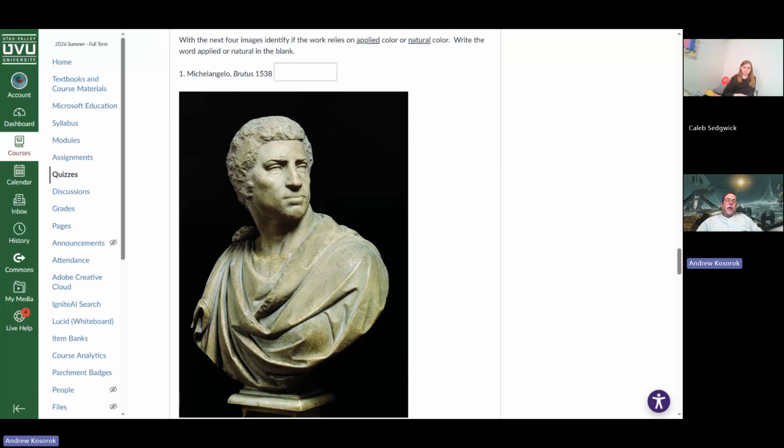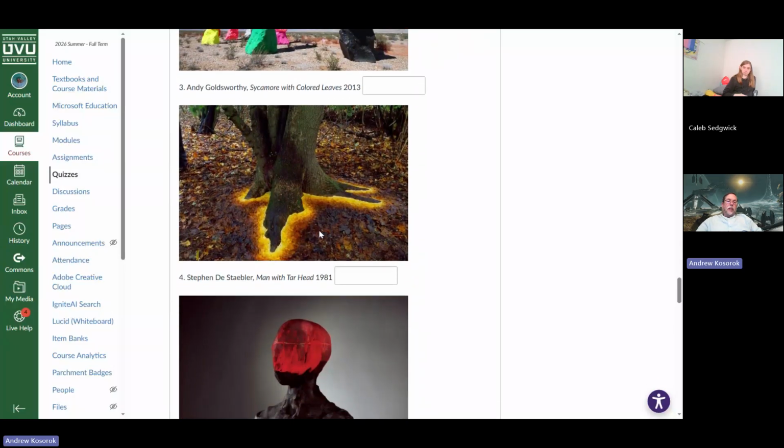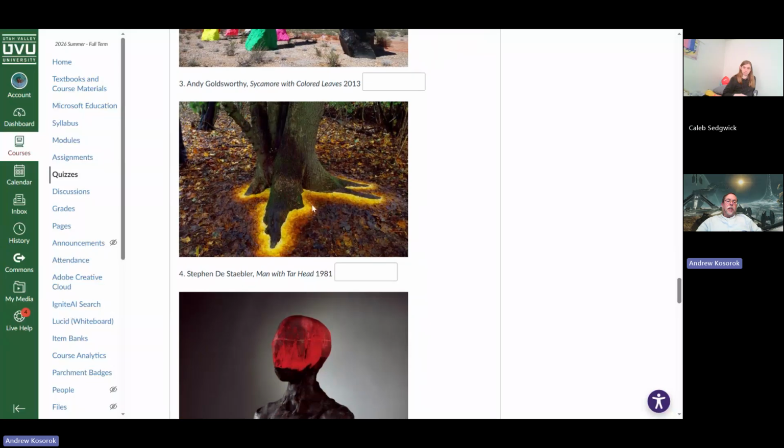And then we're talking about applied and natural. Applied is human intervention, natural is no human intervention. So we look at this. Do you think this is applied or natural? I'm thinking it might actually be the colored leaves, like it's tampered with.